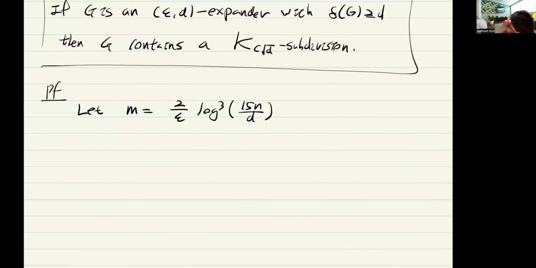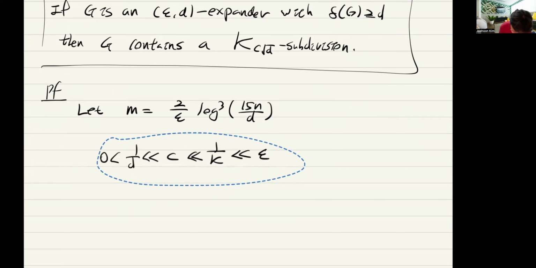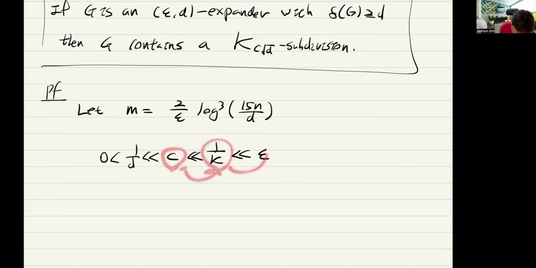So this will be the length of paths that we will take. And then let's choose some other constant so that this holds. So we can assume that this is much smaller than this, which is much smaller than this, so this is capital K.